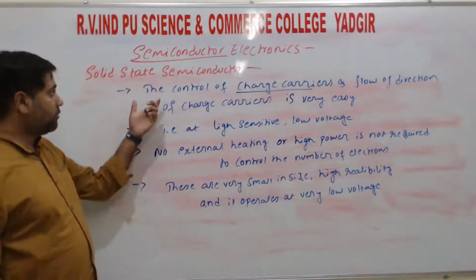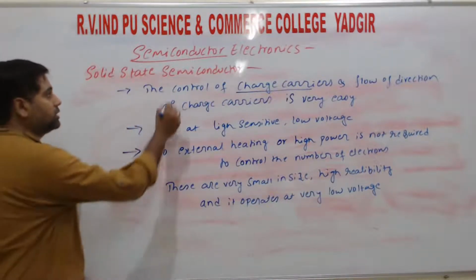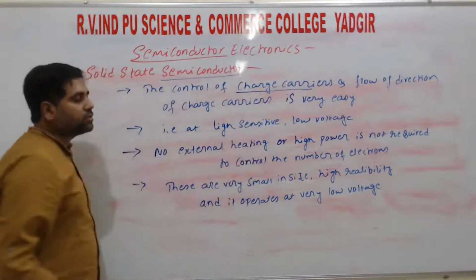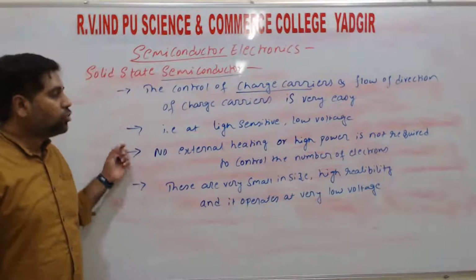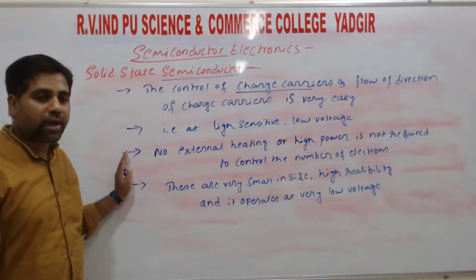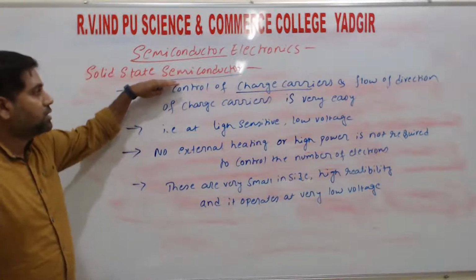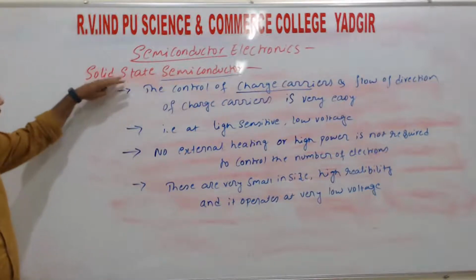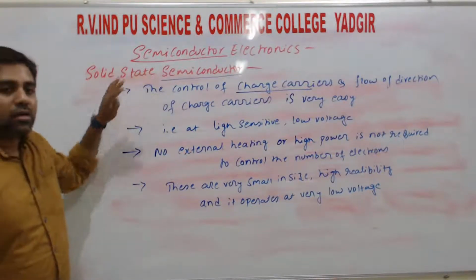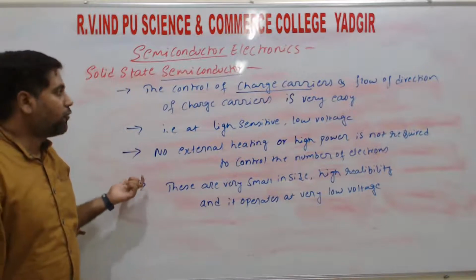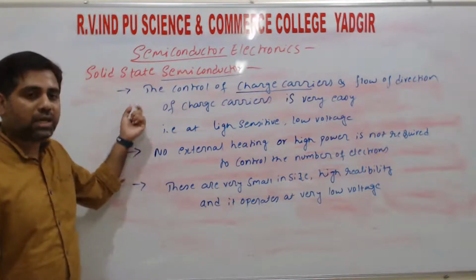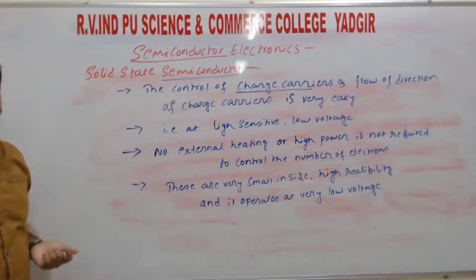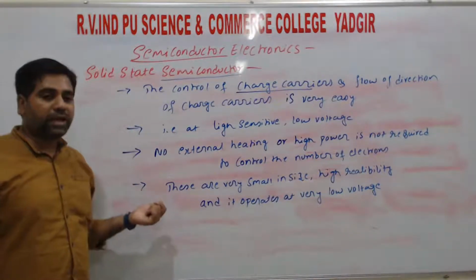Throughout the chapter we will discuss the semiconductor in brief. These are the key points comparing with the vacuum tubes, right? To overcome the disadvantages of the vacuum tubes, we introduce the solid state semiconductor. We obtain these semiconductors in solid form. Here the control of the charge carriers and their direction of flow is very easy.